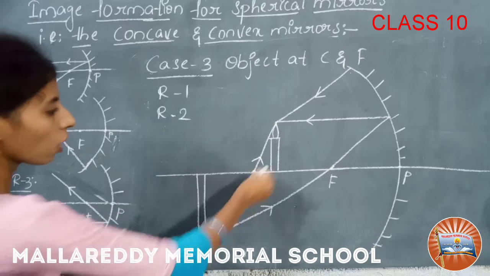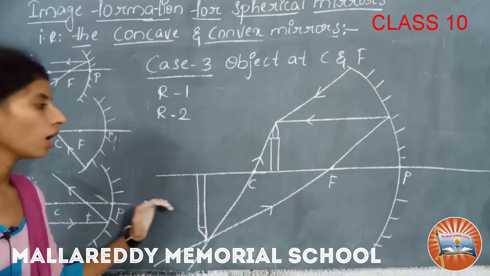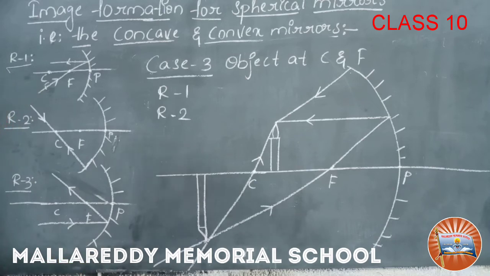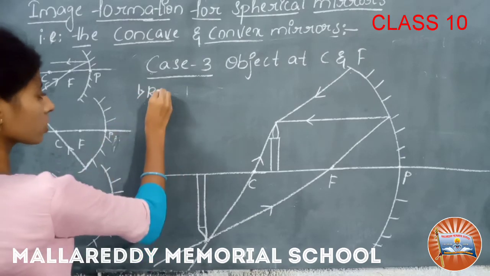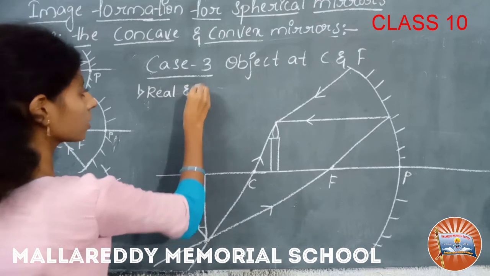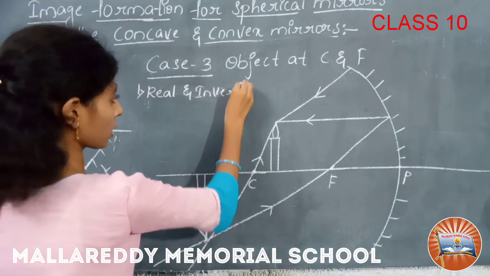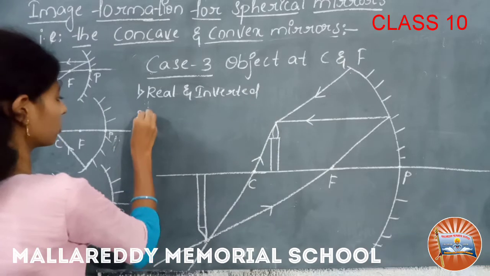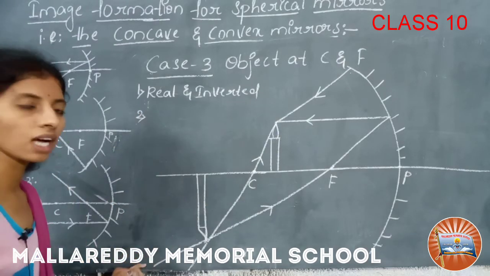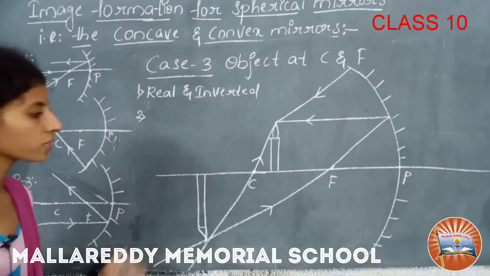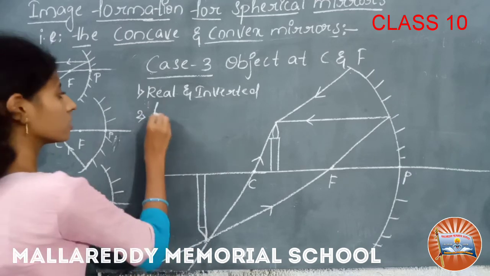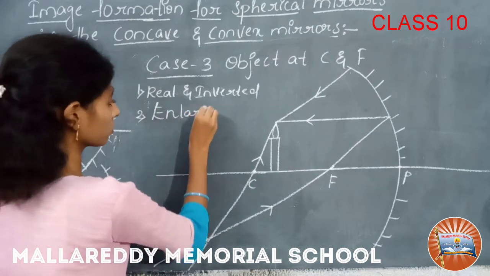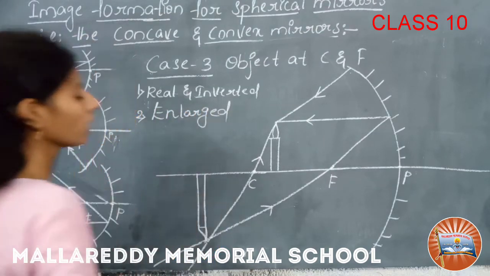Now observe the object and image and now write the properties for this. So now the first one is this is the real image and inverted here, and it is diminished or enlarged or it is the same size as the object. So the image is here enlarged, right?